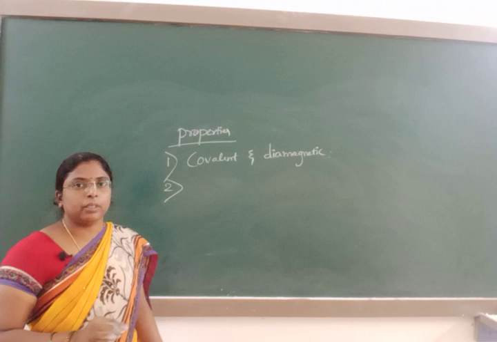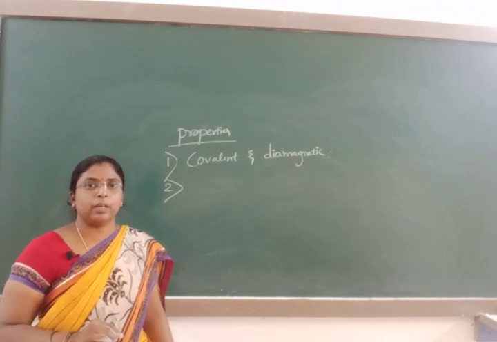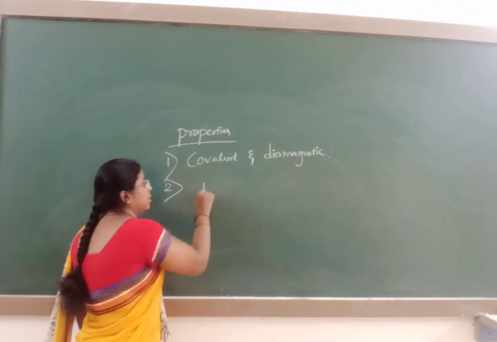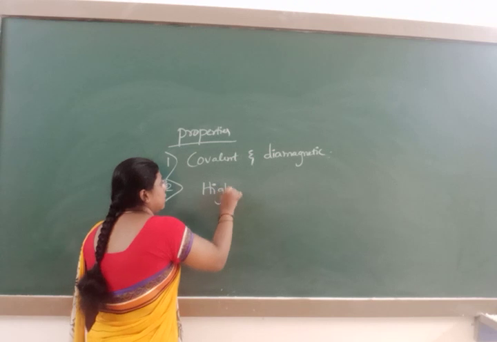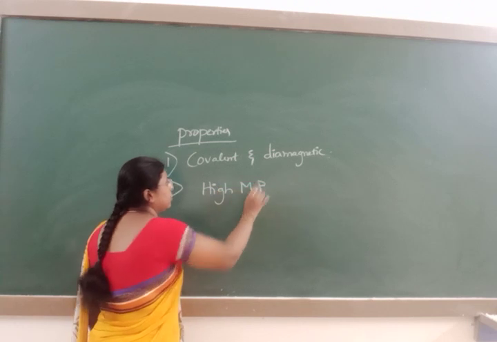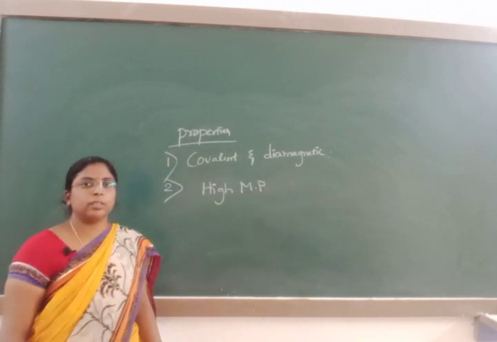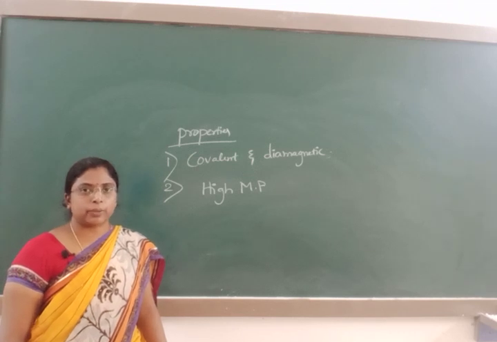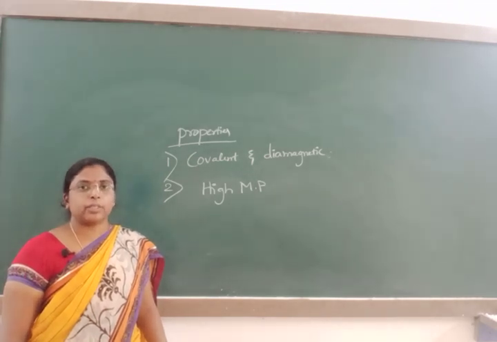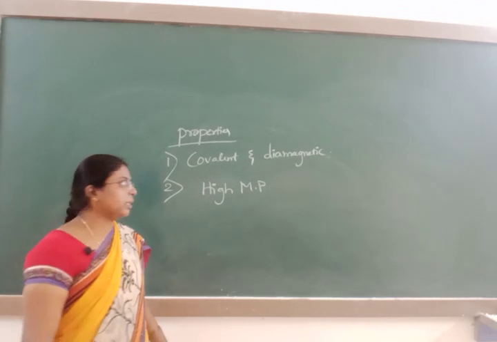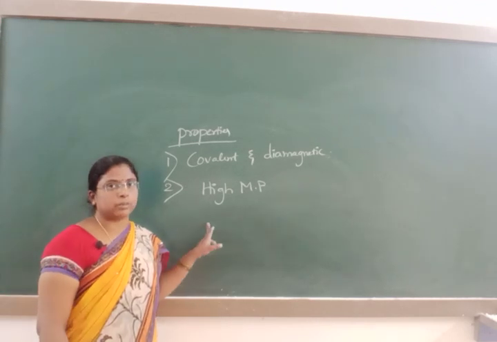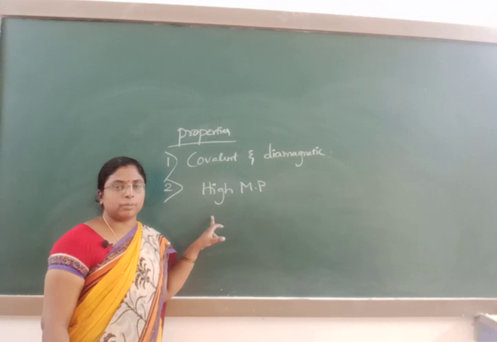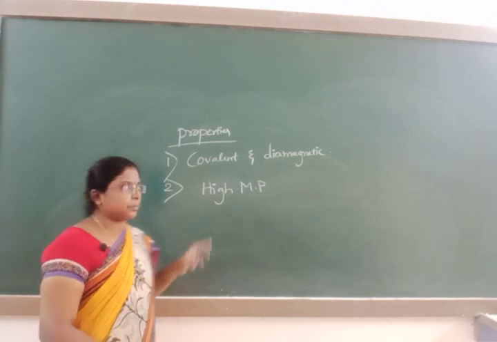Interhalogen compounds have a high melting point, and the melting point of these interhalogens increases with an increase in the difference in electronegativity. As the electronegativity difference increases, the melting point also increases.